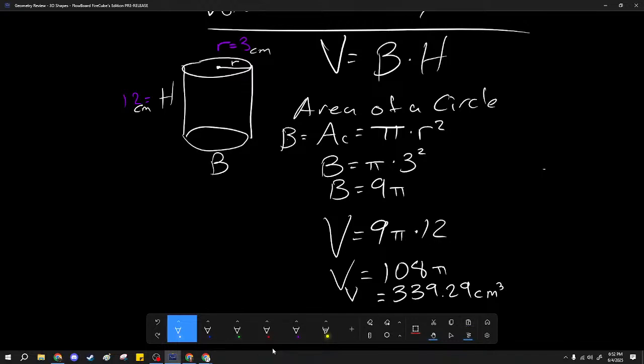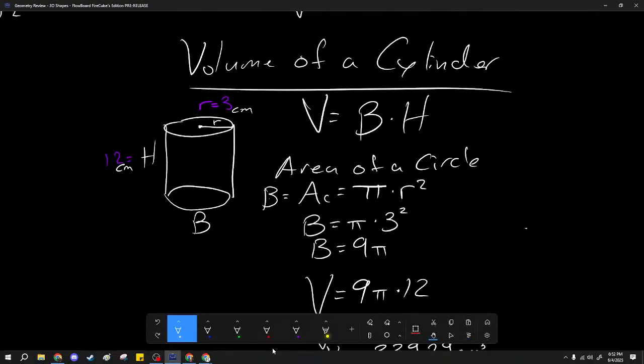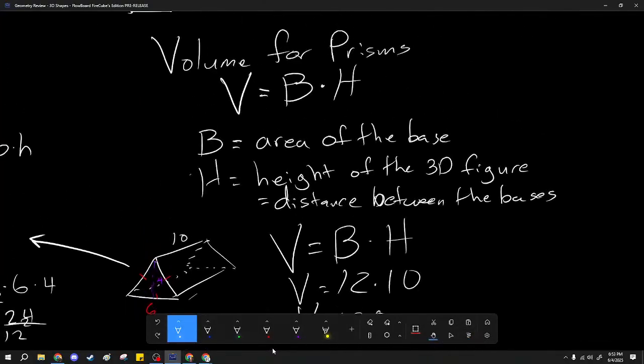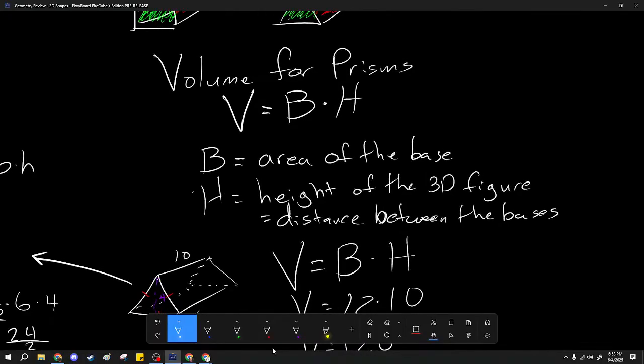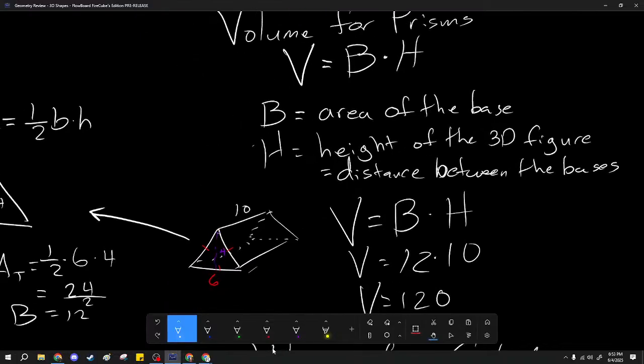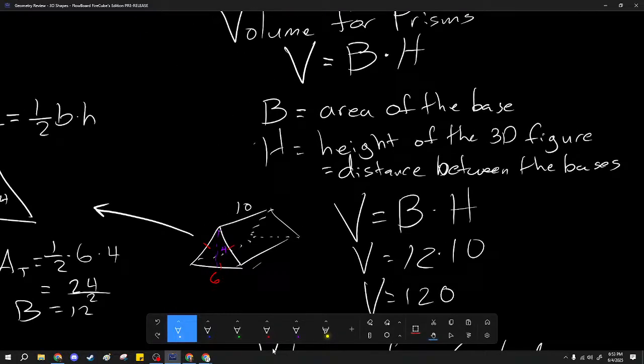Volume of a cylinder and the volume of prisms follow the same rule. It's the area of the base times the height of the 3D figure. You don't want to get tripped up on what is considered the height. The way you want to think about it is the distance between the bases. In this case, it's the distance between our two triangles.